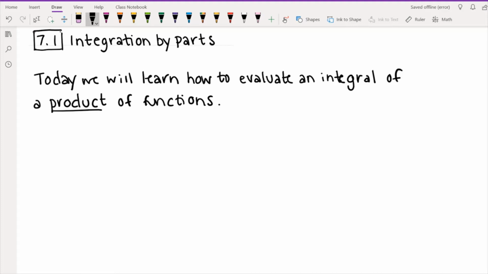So an example would be the integral of x times sine of x.